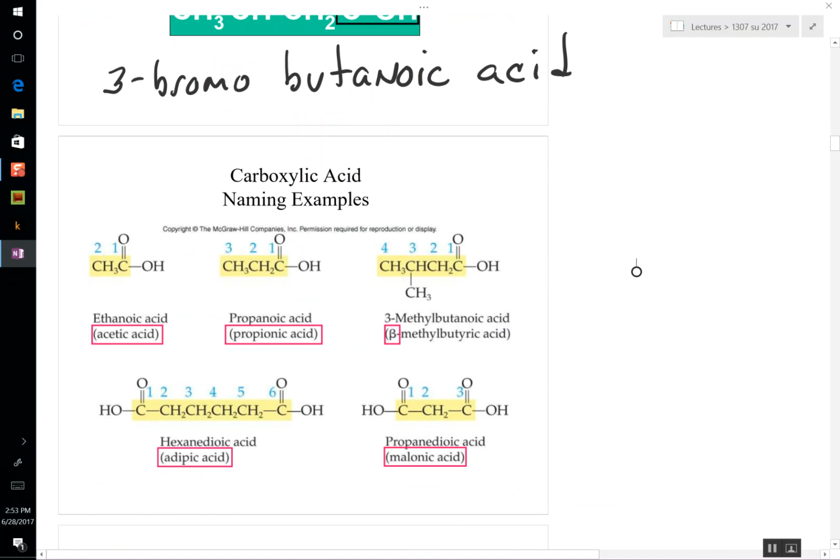I think this is a naturally occurring carboxylic acid. And we've got a carboxyl group on either end. So it's 1, 2, 3, 4, 5, 6. We're counting these carbons as part of the chain. Don't just count this. 1, 2, 3, 4, 5, 6. Hexanedioic acid. So it's got 2 carboxyl groups.